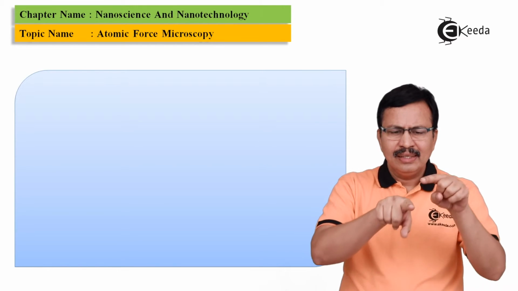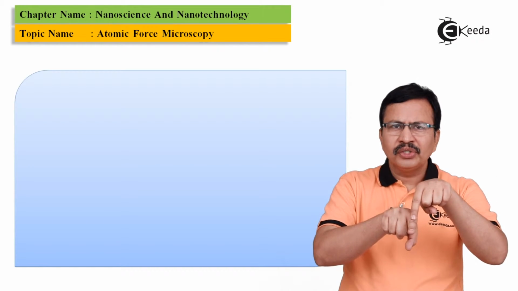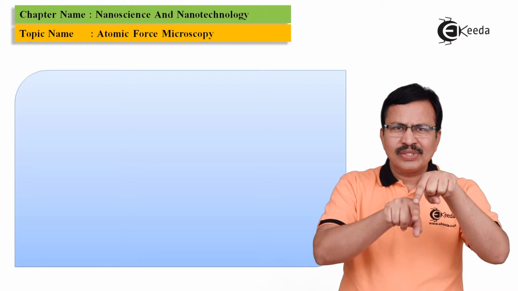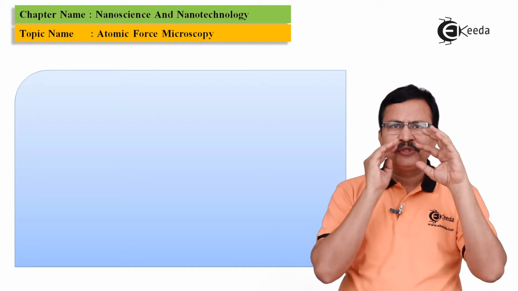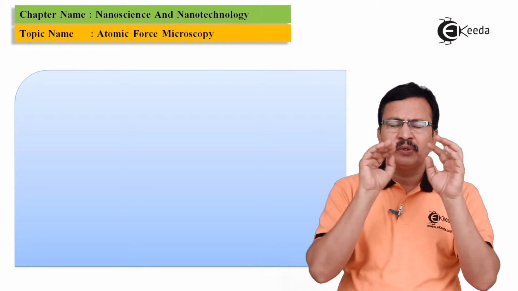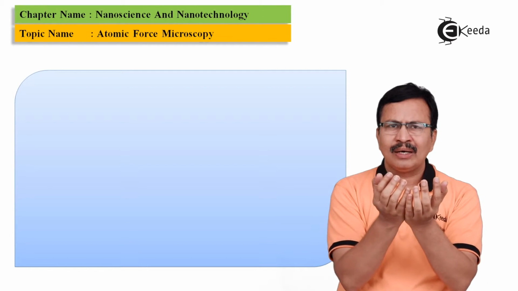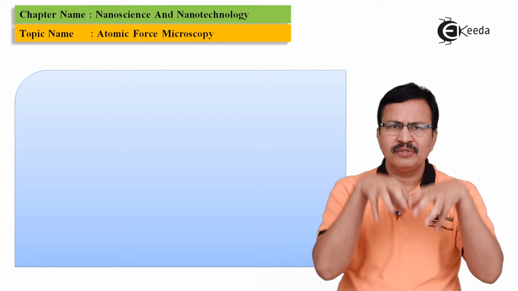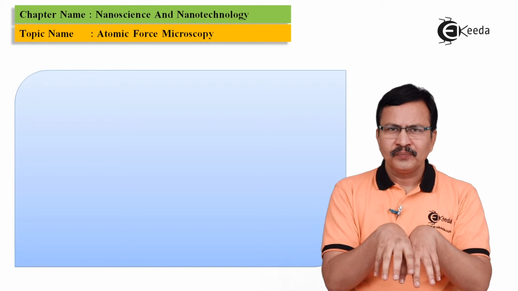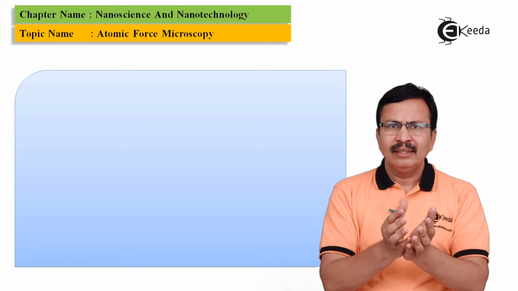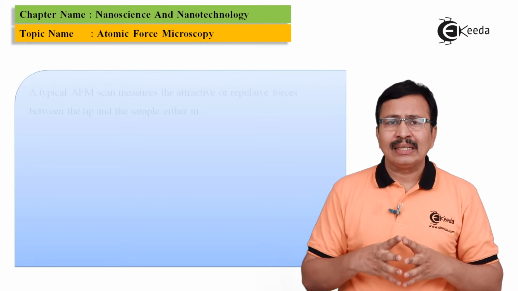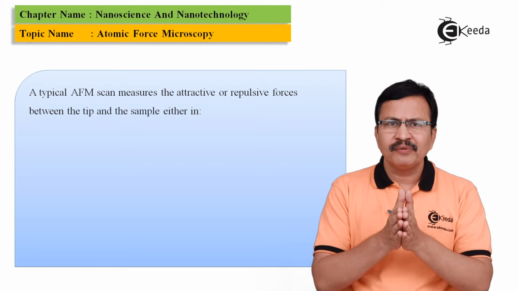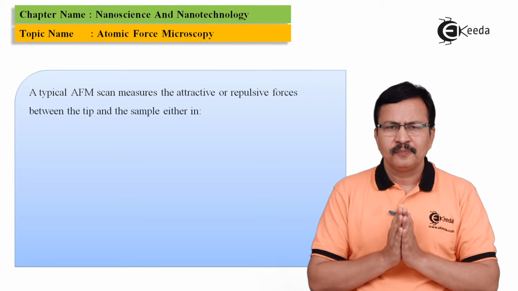This means laser is getting incident on your cantilever, and as it moves up and down, the reflected beam is captured by an array of photodetectors which are placed all around the chamber in which this entire thing is located. And depending upon these deflections, you can actually get an idea about the topography of this surface.